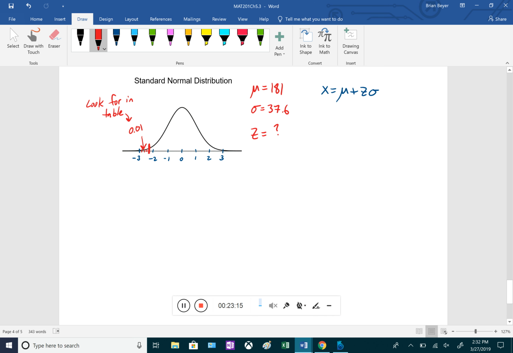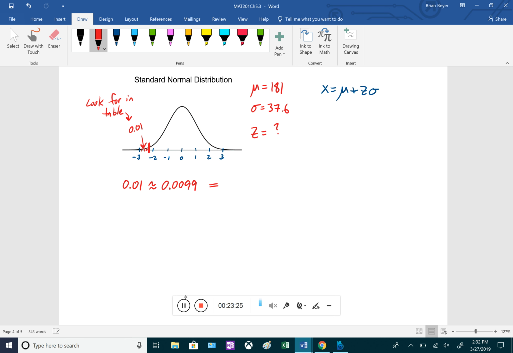So I'll put 0.01 was approximately 0.0099, which gave us a z-score of negative 2.33. So it's saying that anything more than 2.33 standard deviations below the mean will be in the bottom 1%. So there's our z-score, so we can plug everything in.